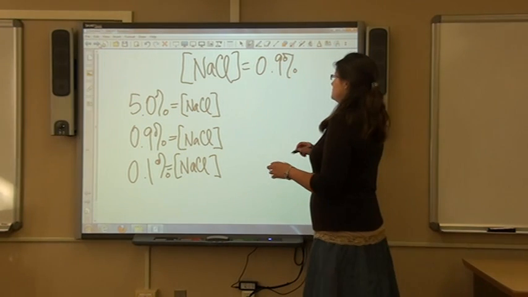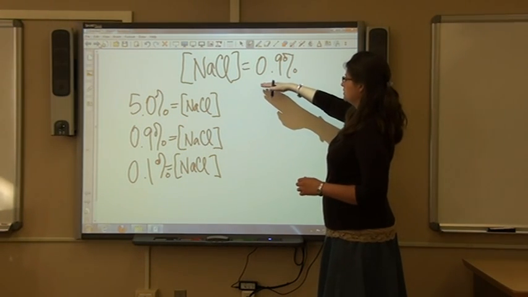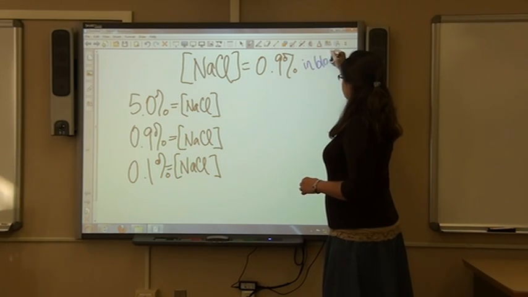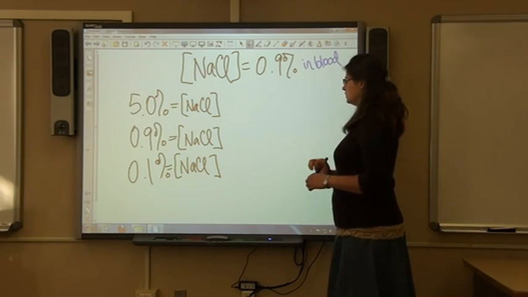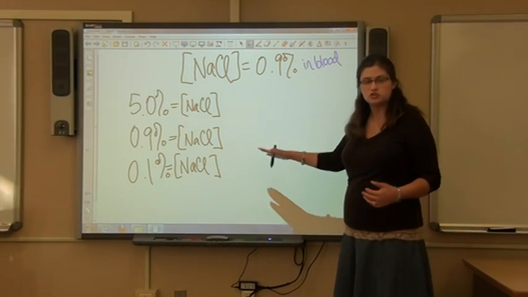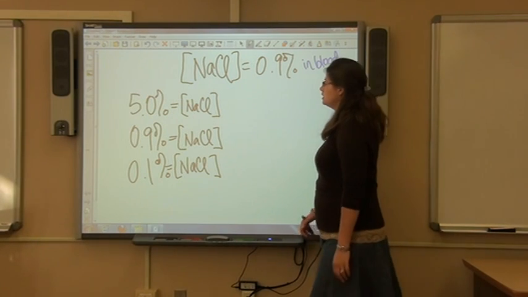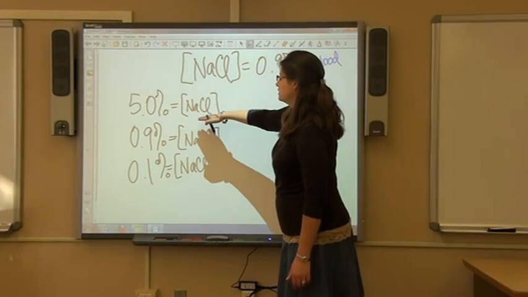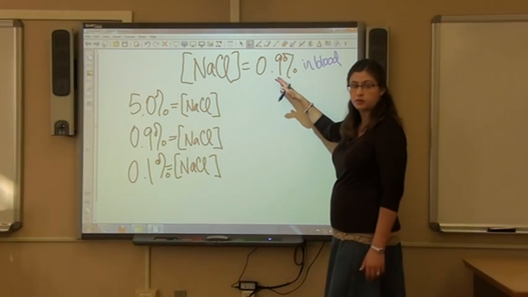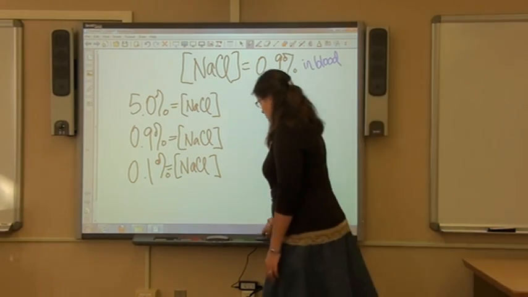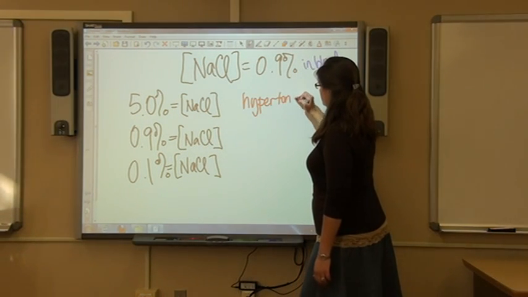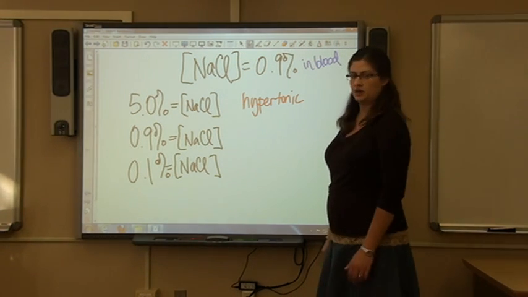Okay, so let's say that we have a salt concentration of 0.9% in your RBCs. Let's determine what type of solution each one of these examples is. If you have 5.0%, is that bigger or smaller or the same as 0.9? It's bigger. So this is your hypertonic solution. What about 0.9?